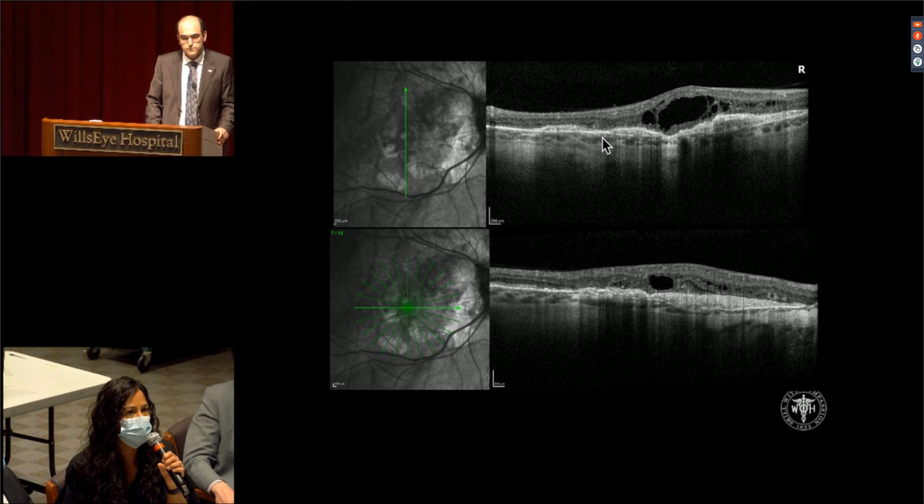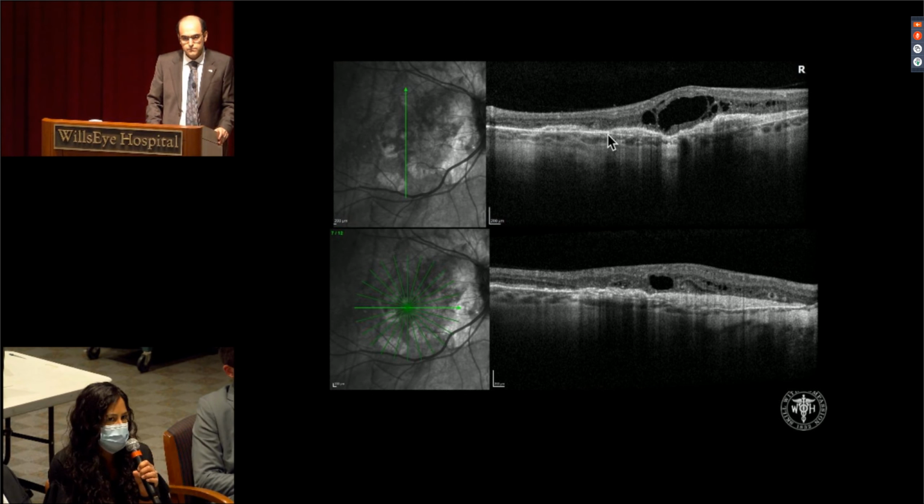Significant loss of the outer retinal layers, ellipsoid and photoreceptor layers here. We have this large area of increased transmission, likely due to the significant thinning here. And then choroid looks pretty thin here as well. The choriocapillaris is fairly thin.